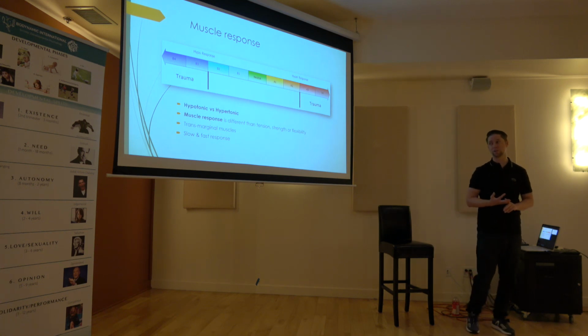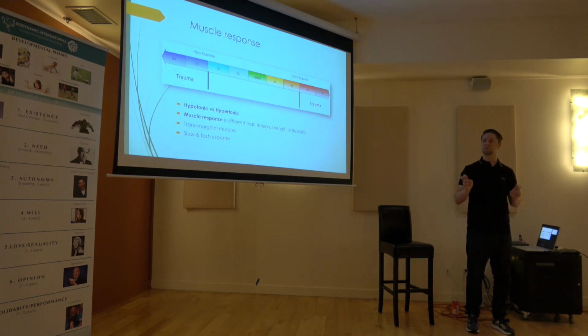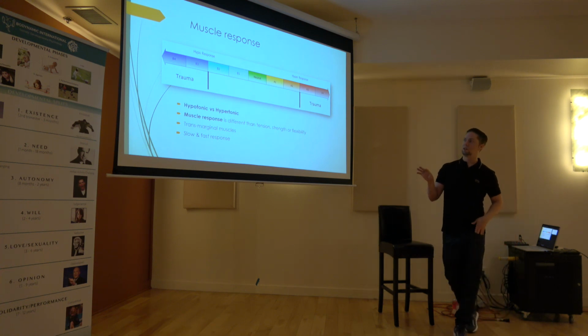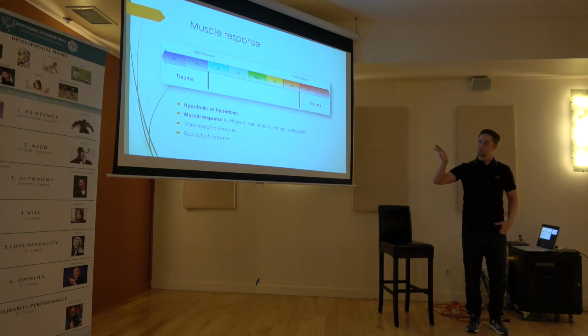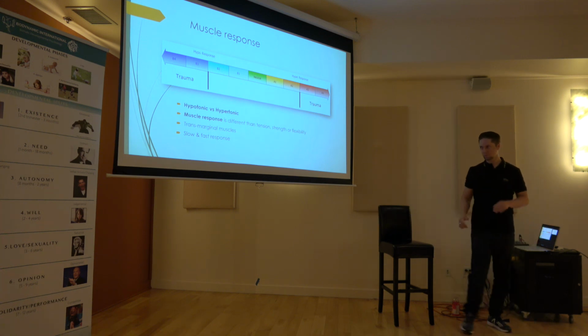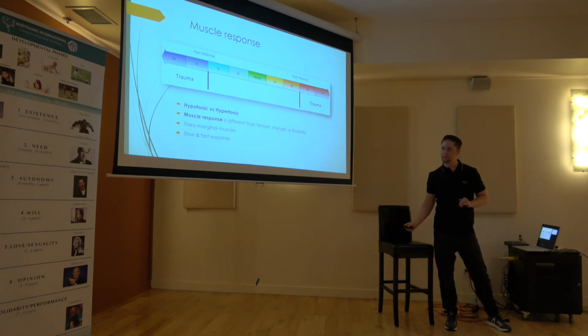You can have muscles that are tight in terms of tension, but are still hyper-responsive. When you get to the extreme ends of this hyper-responsiveness, that's when you're in the trauma area. That's indicative of traumatized muscles, as well as traumatized psychological aspects, which I'll get into a little bit more later.